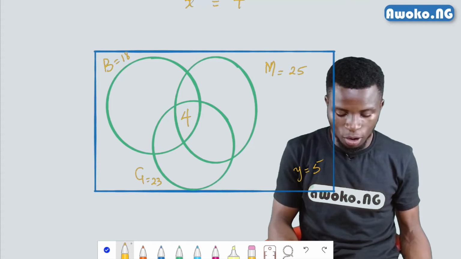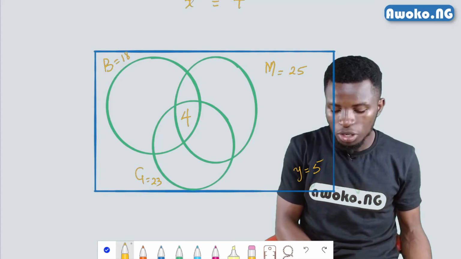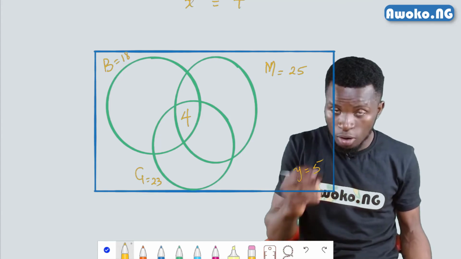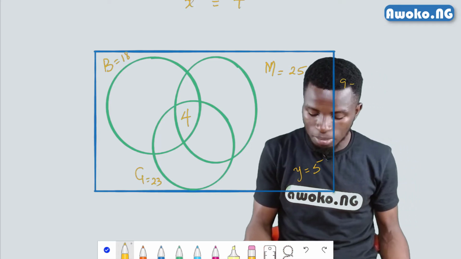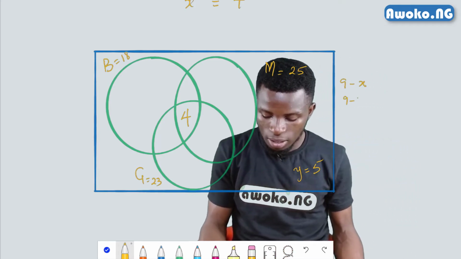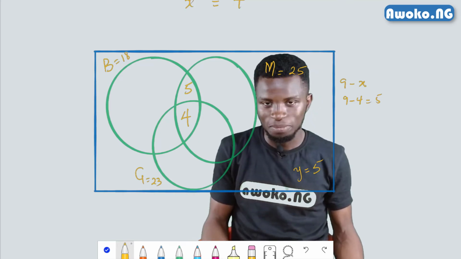Since this is done, the number of students that offer both biology and mathematics, from the question, is 9 minus x, of course 9 minus 4, which is 5, therefore 5 should be here.